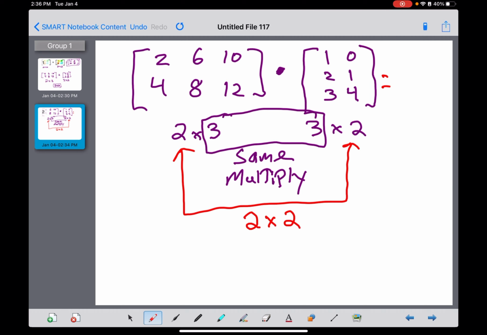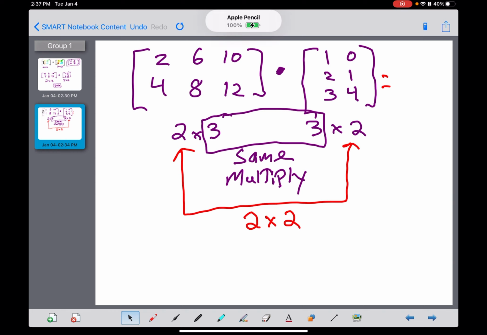The middle ones determine if you can do it or not; they have to be the same. The outside ones determine what size your matrix is going to be.